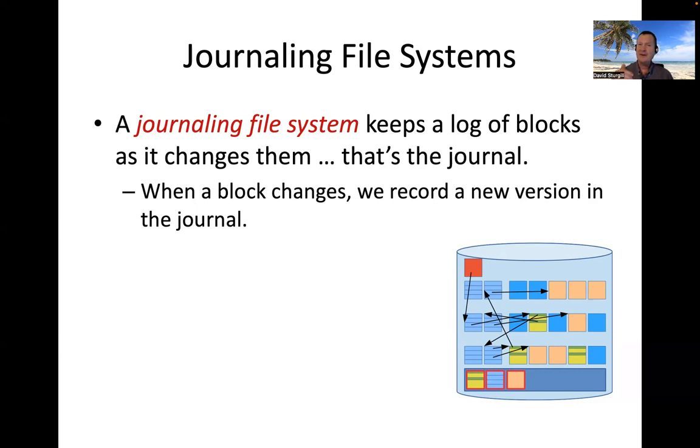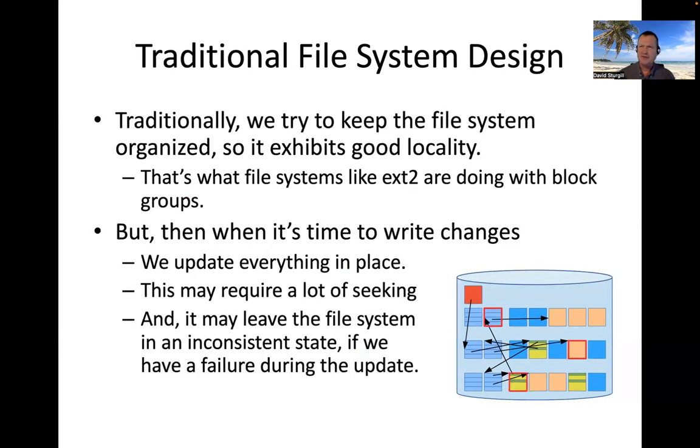Like I'm trying to show in the picture, it uses an alternative approach. Traditionally, we keep everything well organized in the file system, and then whenever we have to change something, we go change it wherever it's stored on the file system. Let's keep it in that same place.